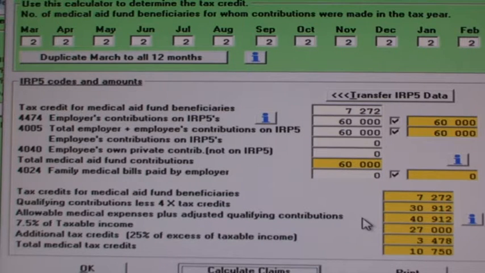Additional tax credits will be granted for 25% of the amount by which the 40,912 amount exceeds 7.5% of the taxable income.